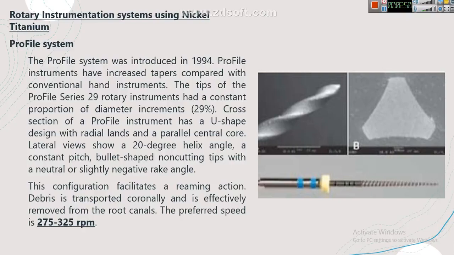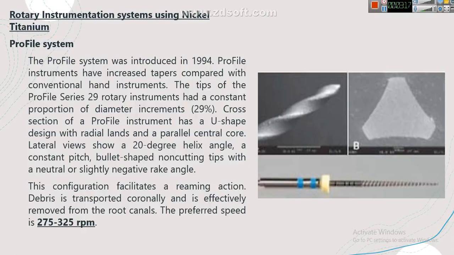In a previous lecture belonging to the grouping of the files or the endodontic instruments, we studied the positive and negative rake angle. You can review this important point again. This configuration facilitates a reaming action.